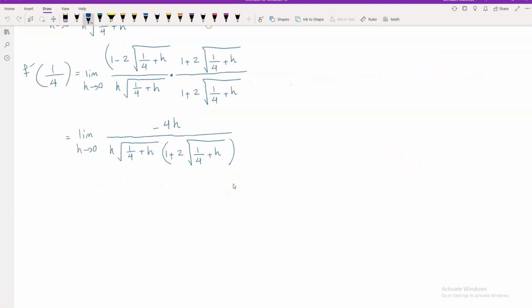So I multiplied the numerator, and the answer for that part was negative 4 times h. And in the denominator, multiplying and rewriting that part here, now we can cancel h.